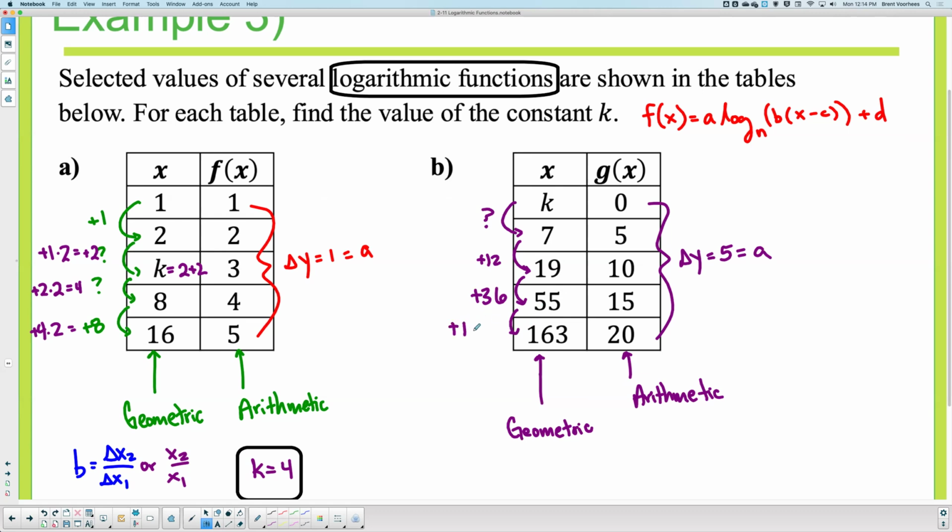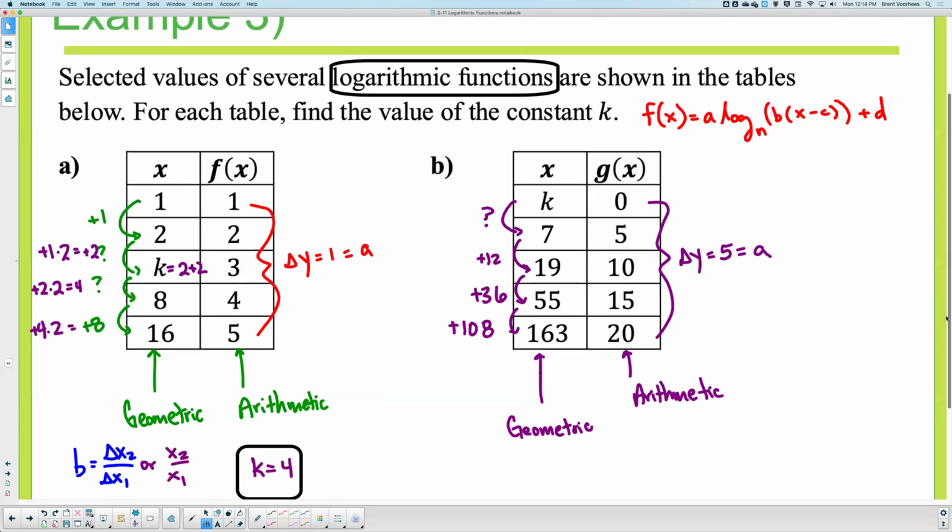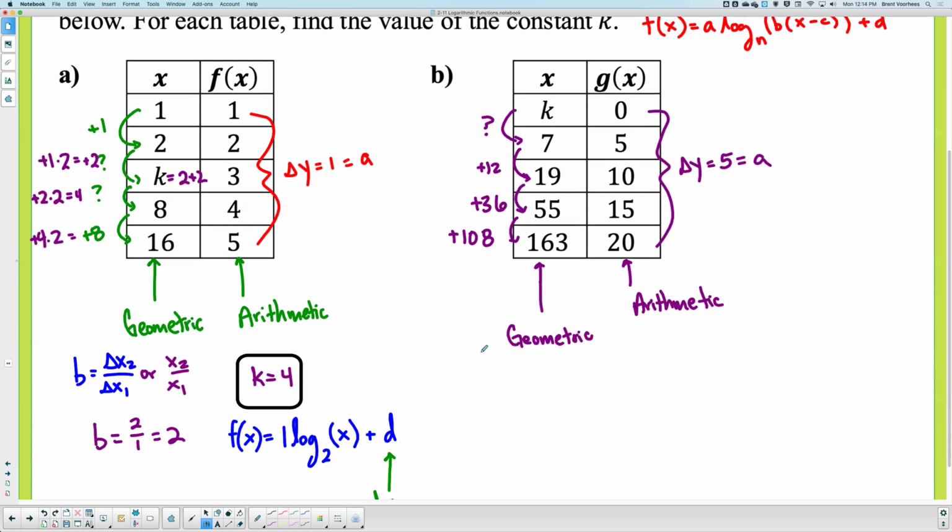How much over 100 will it be? 108. Good. Now these are geometric. If you want to know your base, I would take this blue formula right here. If possible, if you have back-to-back change of values, use this formula. That is the delta x2 over delta x1. That's the better base formula to use.